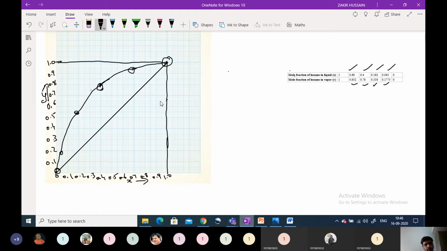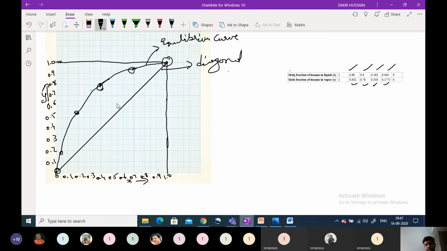So we know this is the equilibrium curve, and this is the diagonal, or 45 degrees diagonal we can say.